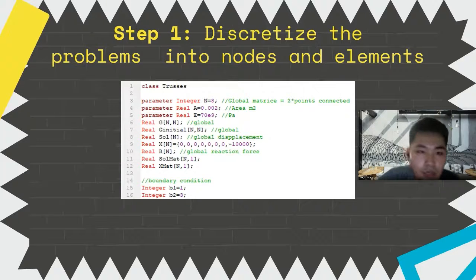And then the modulus of elasticity in the problem is given in gigapascal. To change it into Pascal, we times the given number, which is 70, times 10 to the power of 9. And then there is the global displacement, and also the global reaction force. And in the real x n, it is minus 10,000, which is the force given in the problem.